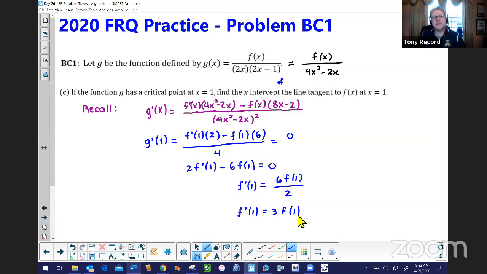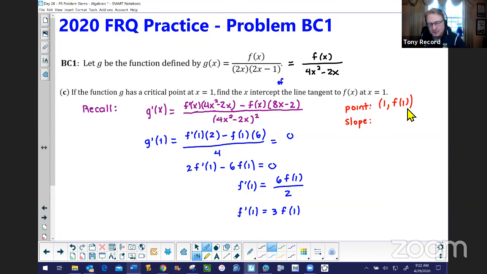Now think about what are the ingredients to write the equation of any line? Well, we need, of course, a point, and we also need a slope. We're doing pretty good in both of those departments because we have determined that the point would occur when x is 1, and then the y, well, there's really no other way to describe it than to say f of 1.